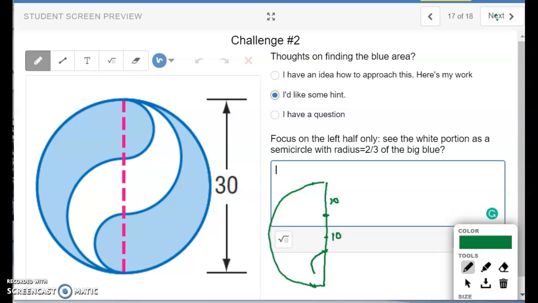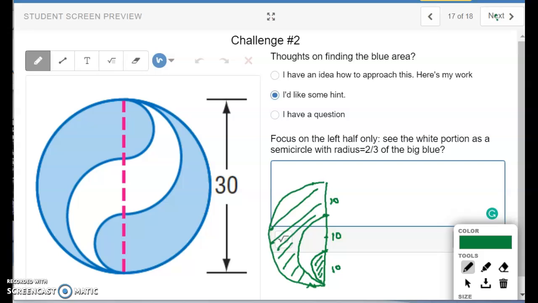We have a half circle with a diameter of 10, another half circle with a diameter of 20, and a third with a diameter of 30. The area that we are interested in is this area and this area.